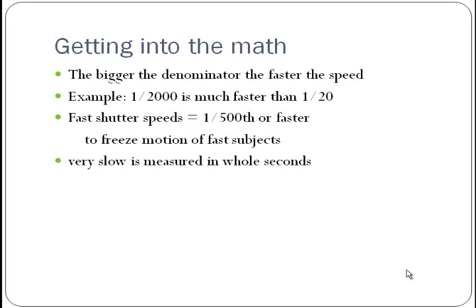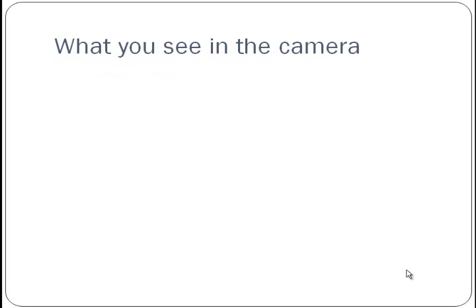The shutter is going to stay open for a whole second if it's 1 second, but it's only going to stay open for 1/20th of a second if it's a fraction. So these fractions are much faster and the whole numbers are much slower. You're going to see more of that.